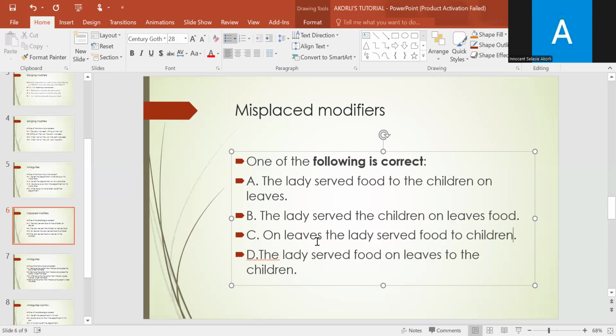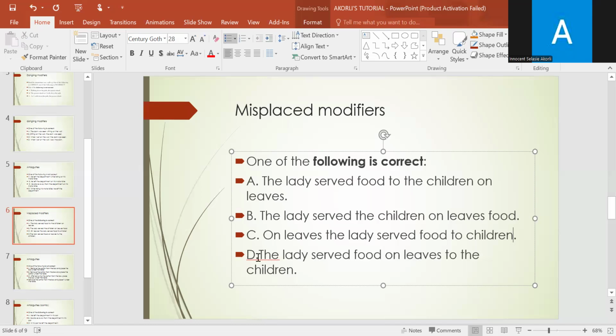In this case, it can even be interpreted that the lady who served the food was standing on leaves or something. Apart from that, this part of the sentence, on leaves, should have been marked off by a comma, which is absent here. So that makes the sentence questionable. In other words, it's not correct.